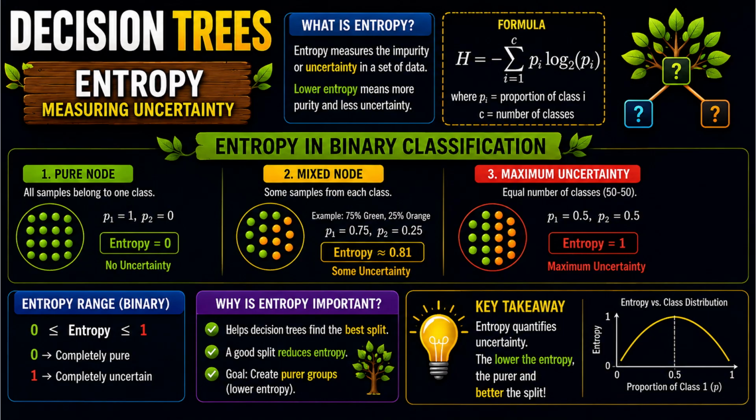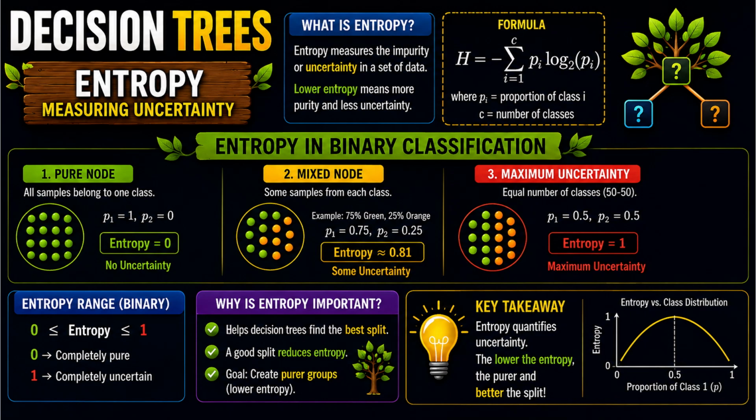So first we have to understand how entropy measures uncertainty. So what is entropy? Entropy measures the impurity or uncertainty in a set of data. Lower entropy means more purity and less uncertainty. So the formula for entropy is equal to minus summation from i equals 1 to C of p_i log to the base 2 of p_i, where p_i is the proportion of class i and C is the number of classes.